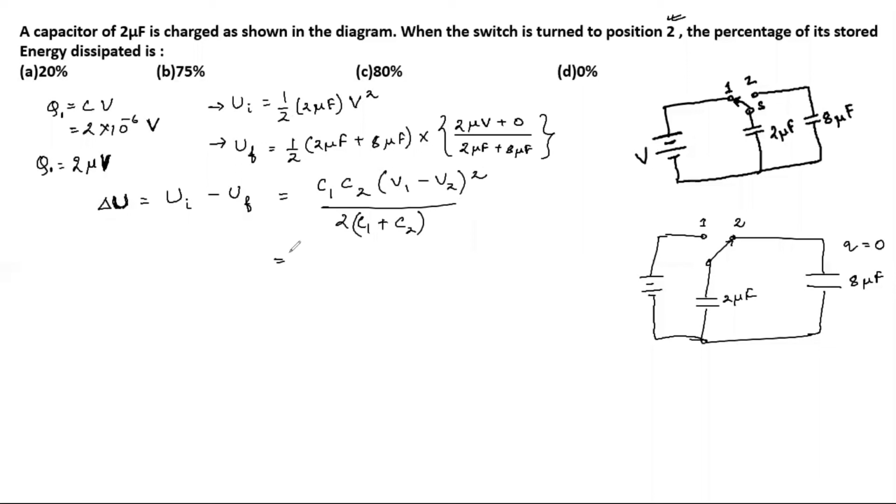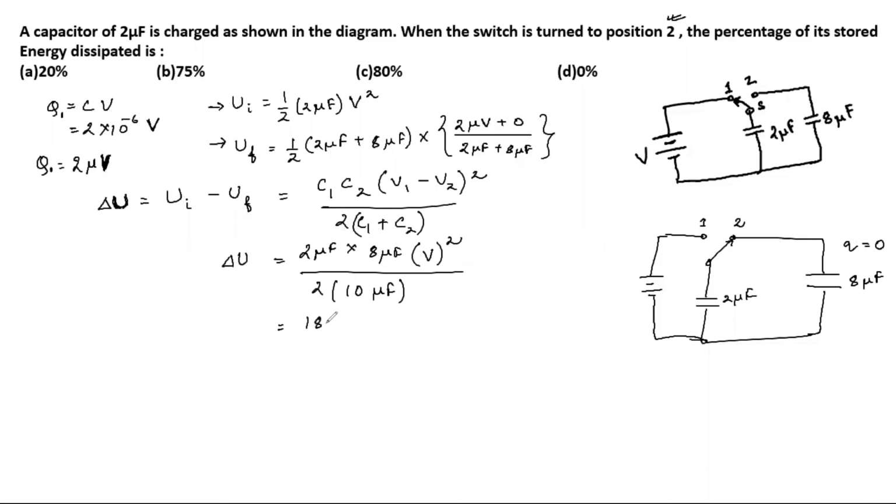Now here C1 is 2 microfarad, C2 is 8 microfarad, V1 is the potential when it was connected to position 1, so let's say it is V. And since the second capacitor was chargeless, V2 will be 0, so you will have only V square. And then 2 times (C1 plus C2), so it will be 2 times 10 microfarad.